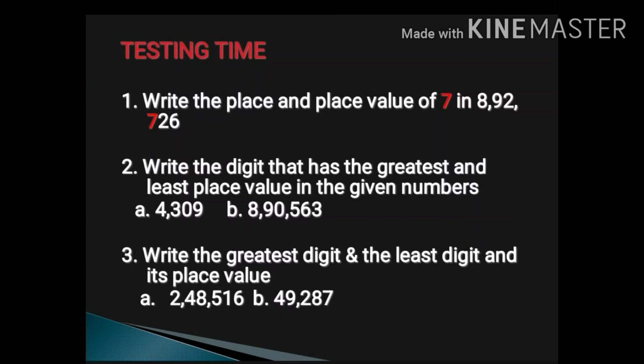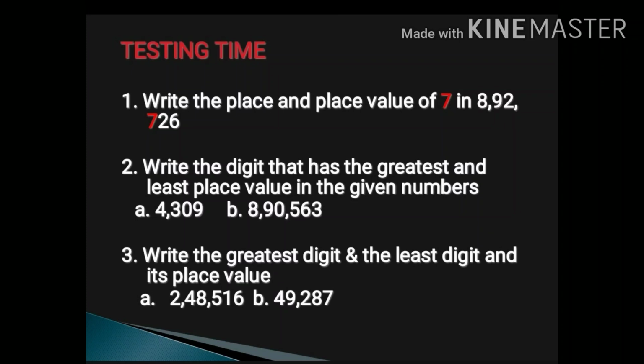The first sum is 4,309 and B sum is 8,90,563. The third sum, write the greatest digit and the least digit and its place value.